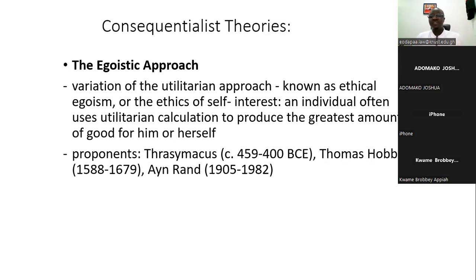So the ethics of self-interest. An individual often uses utilitarian calculation to produce the greatest amount of good for him or herself. And in fact, if you look at human beings, that is why we often say that self-preservation is the first law of nature, isn't it?